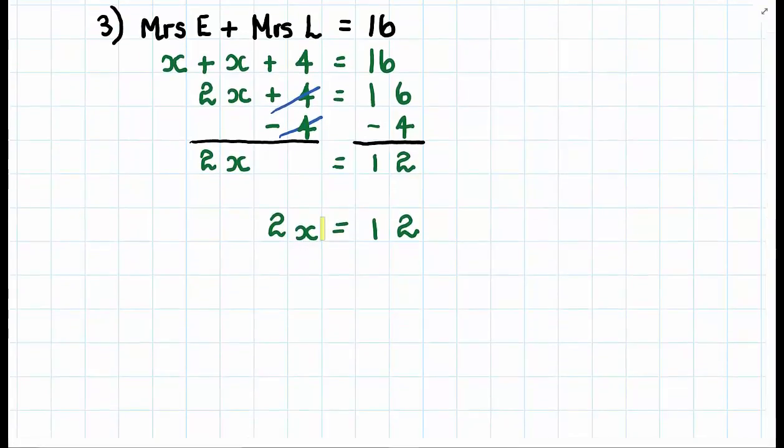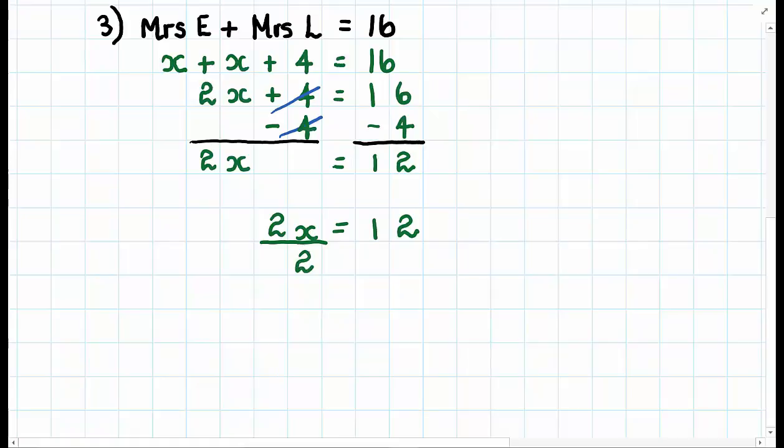We need to get the x on its own. Remember, the 2 is multiplied by x. 2x is 2 times x. To undo the multiplication, we have to divide. So we're going to divide by 2.